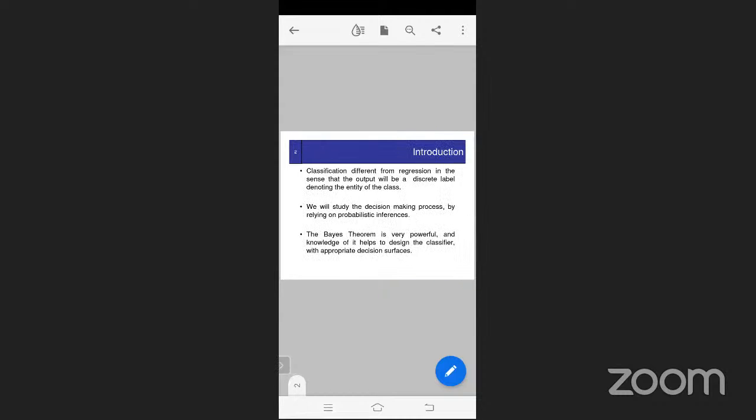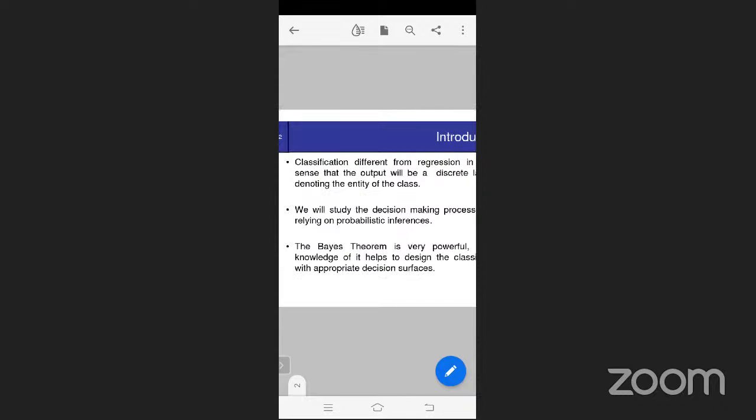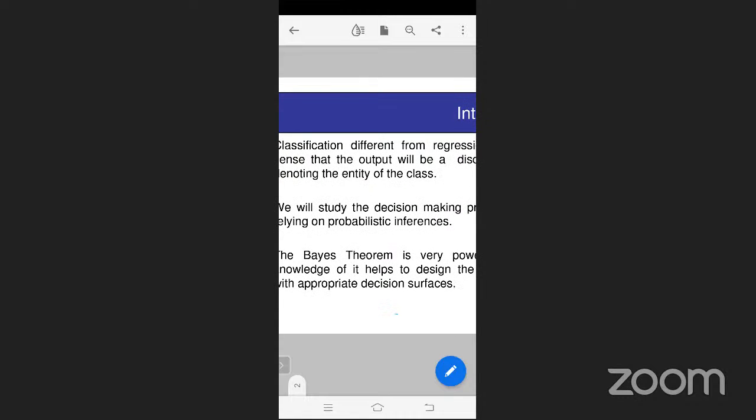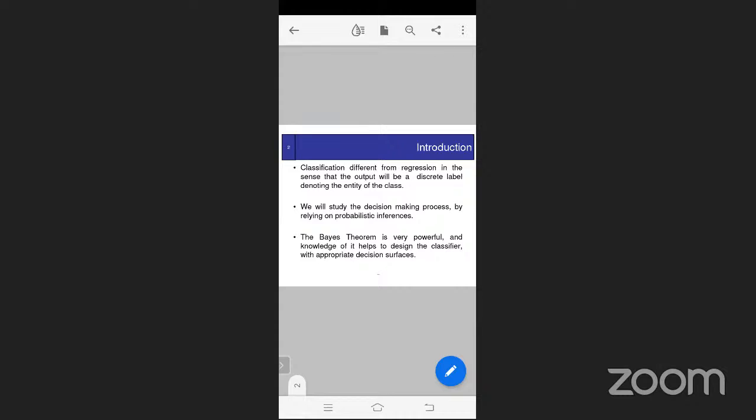One thing you should remember here is that classification is different from regression, in the sense that the output will be a discrete label denoting the identity of the class. The labels have to be given to the classes, because we are talking about supervised learning here.